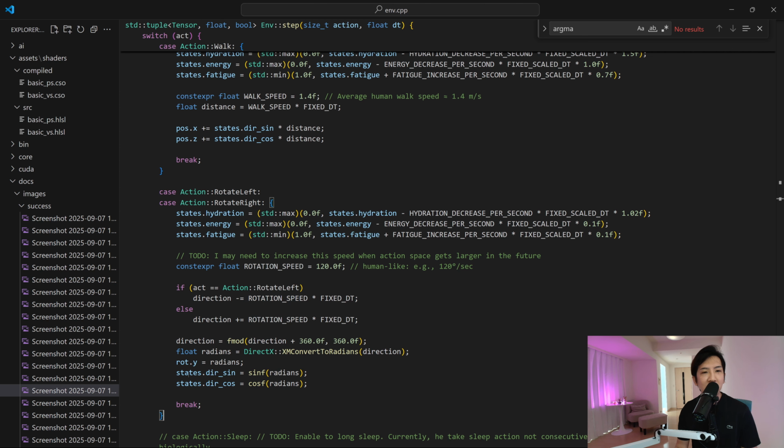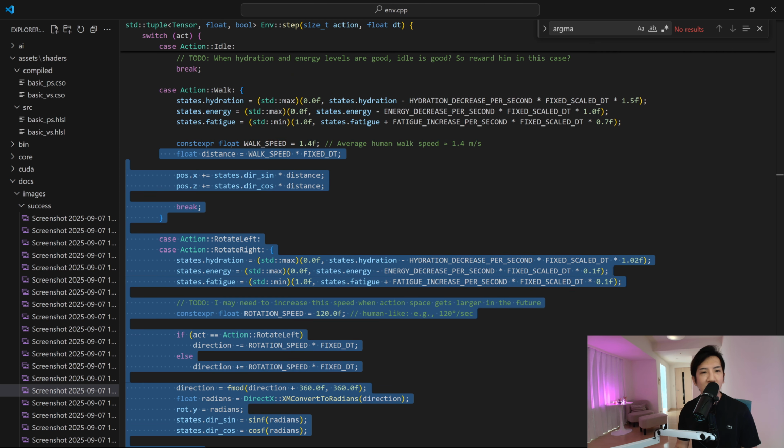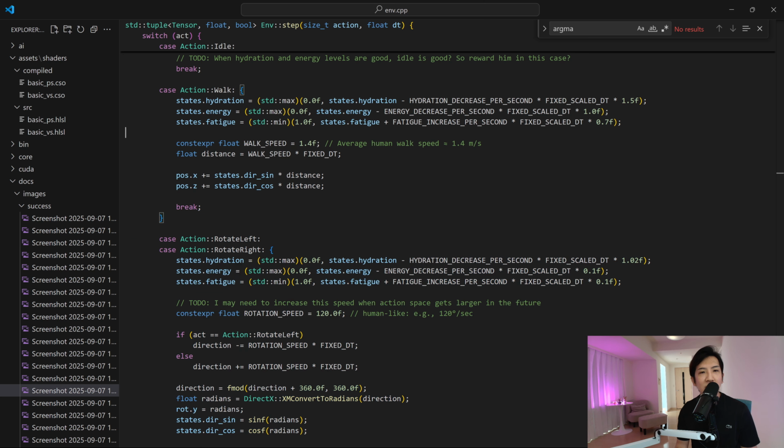These are called discrete action spaces, unlike continuous action spaces where distance may vary on different steps.